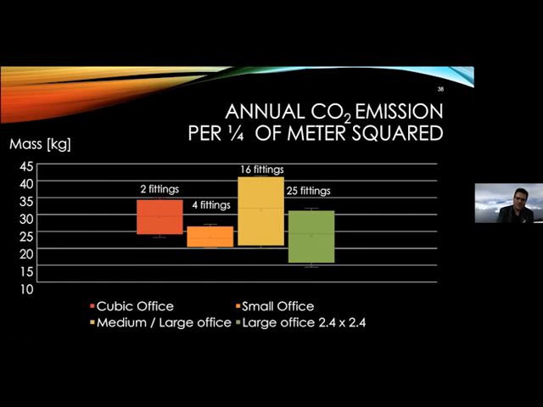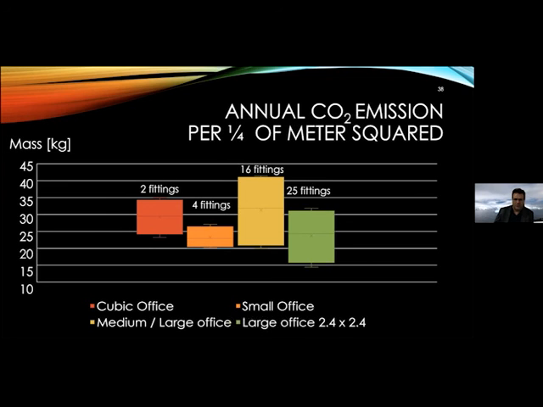So what we've got now. Here is a figure which is based on all the models and all statistics that I have performed, which shows the annual CO2 emission per quarter of a meter squared. Okay, so before I was showing CO2 emission per one luminaire.